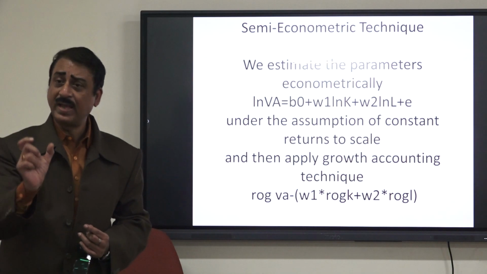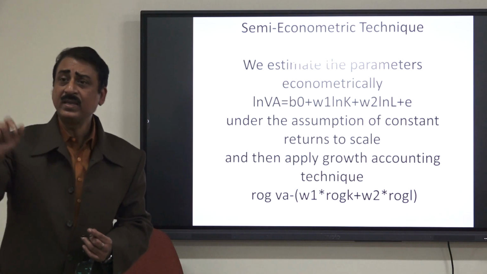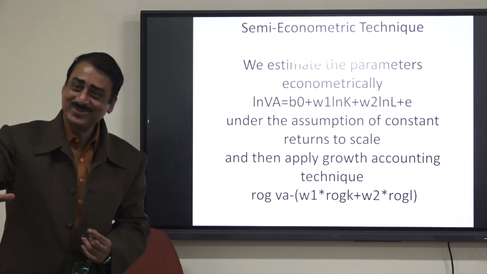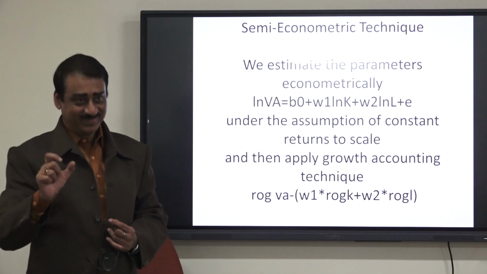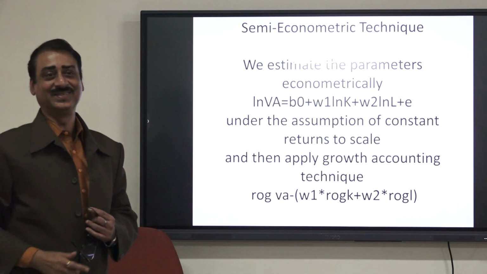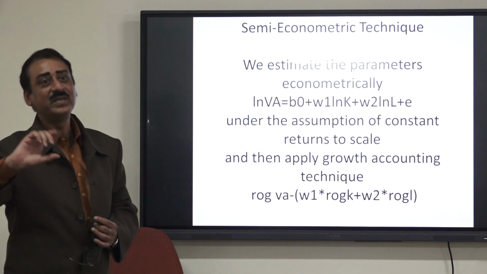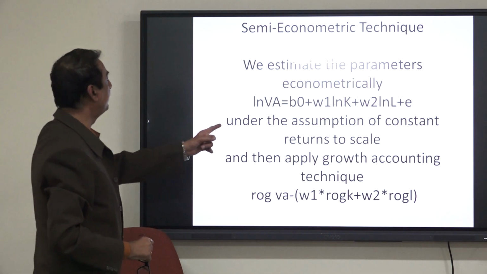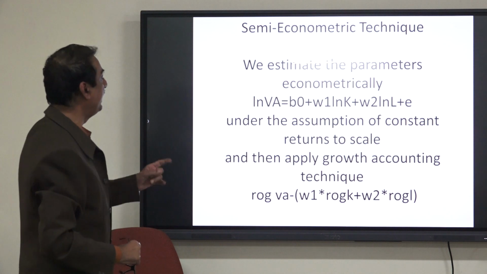So 5 million multiplied by 100 divided by 120. So it will be reduced. So that is today's price in the initial year's price. Current price is being converted to constant price. So under the assumption of constant returns to scale, you then apply the growth accounting technique.